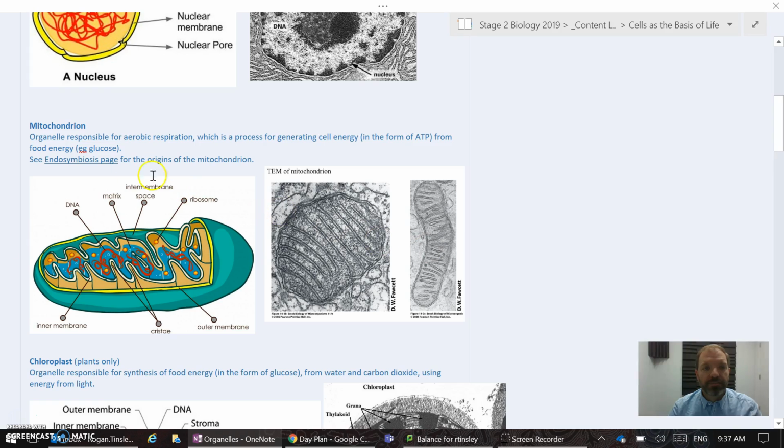This links to endosymbiosis, because the mitochondrion is thought to be a prokaryotic, symbiotic element within the eukaryotic cell that's no longer obviously a free-living prokaryote, but evolved from it. That's why we have these two membranes, the outer one being from the host, the inner one being from the original invading or symbiotic prokaryote, and also therefore having its own DNA and making a number of different proteins as well. But a lot of the proteins that work in the mitochondrion come from the nucleus as well.